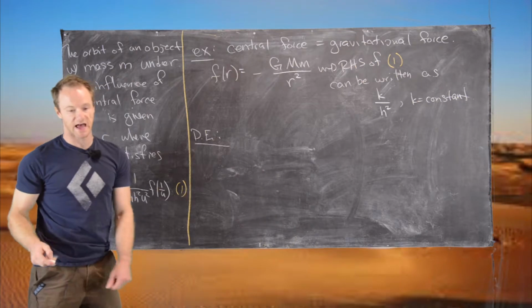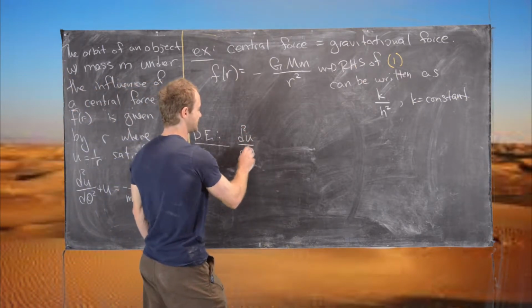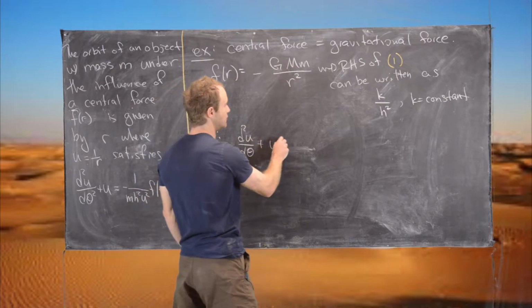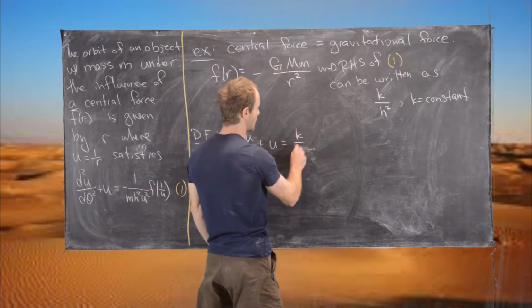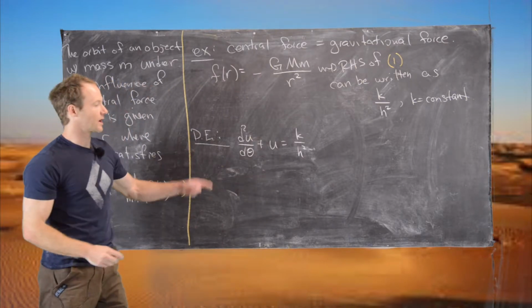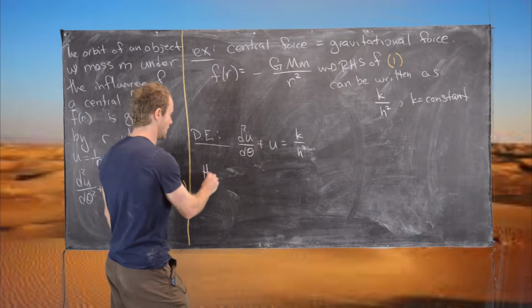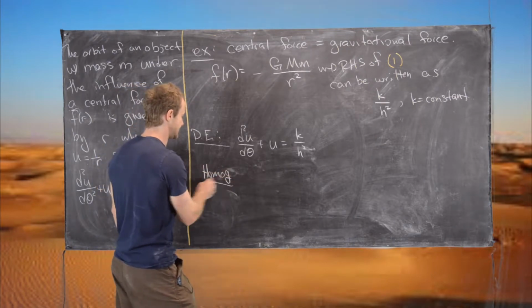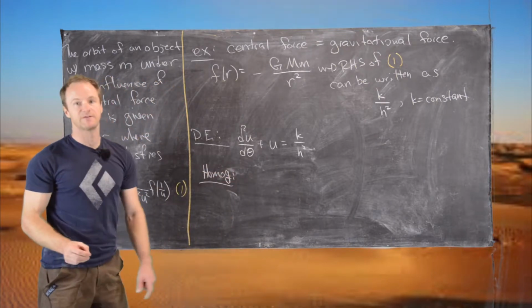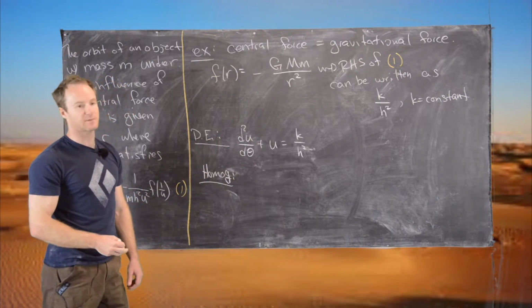Great. So that means our differential equation for u is as follows. This is the second derivative of u with respect to theta plus u equals k over h squared. Great. And we're going to need a homogeneous solution and a particular solution. A homogeneous solution to this differential equation can be found by looking at its corresponding polynomial.